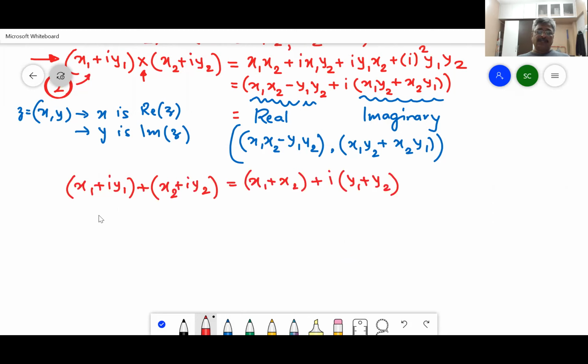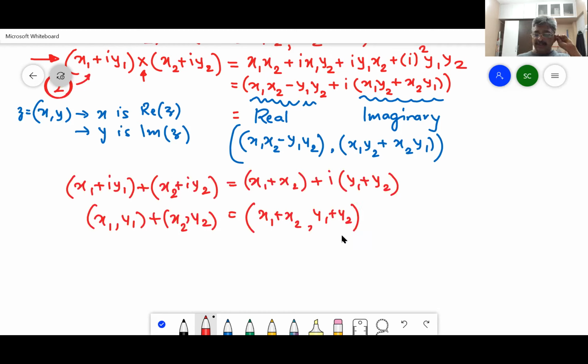So this is x1 comma y1 plus x2 comma y2 is equal to x1 plus x2 comma y1 plus y2. Do you appreciate this? Do you understand what is happening? Yes, sir.